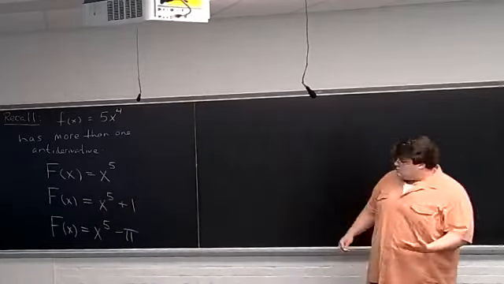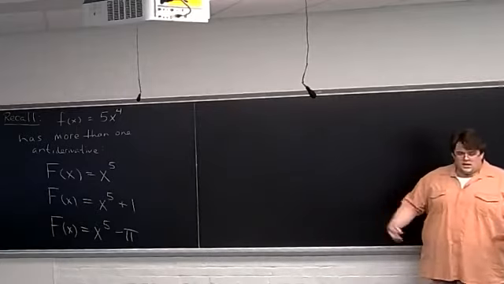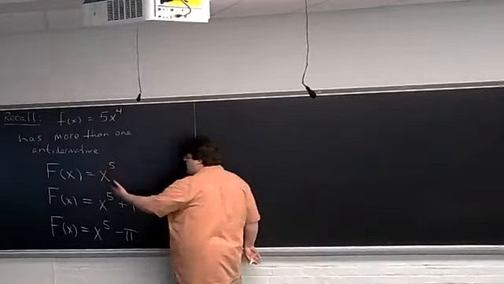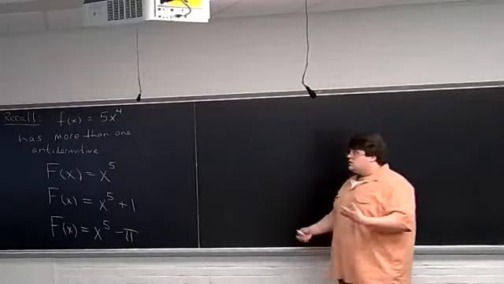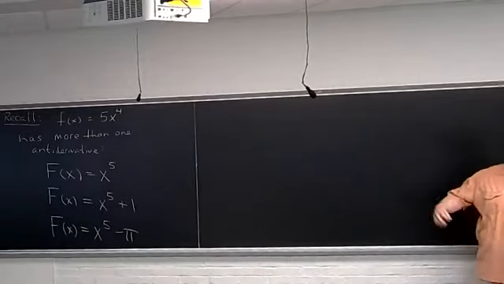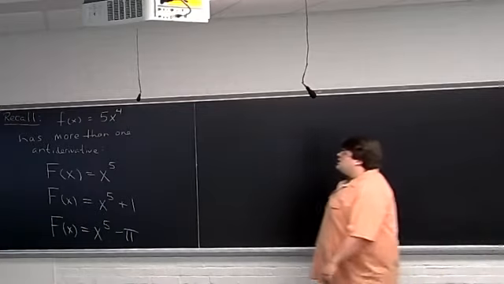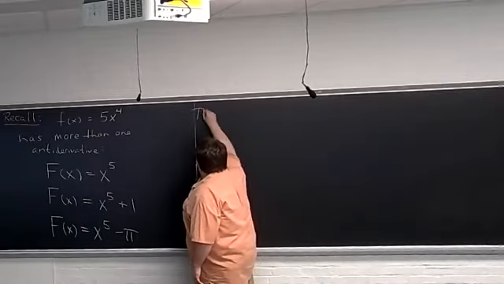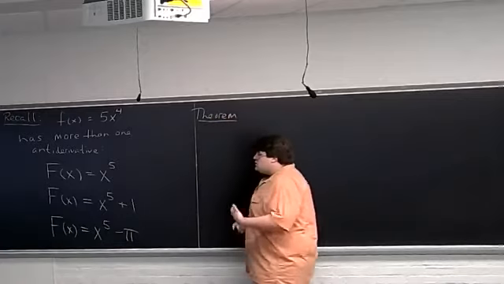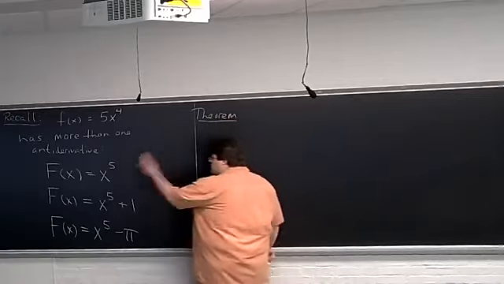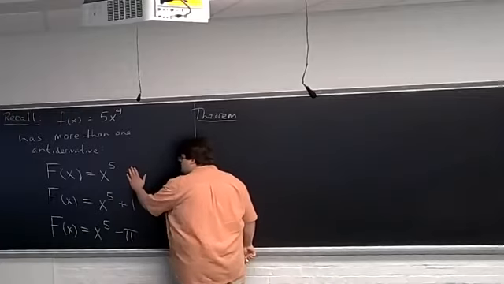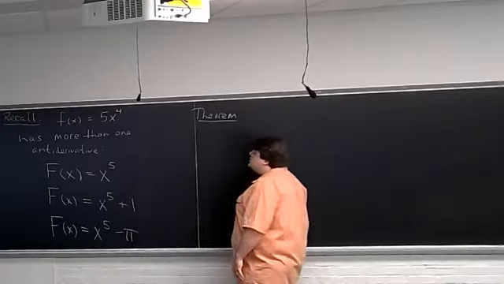And a question could arise, are there any antiderivatives where the x terms look any different than just, in this case, x to the fifth? And the answer is no. And let's call that a theorem. The answer is no, meaning the only other antiderivatives of 5x to the fourth look like this with some constant.